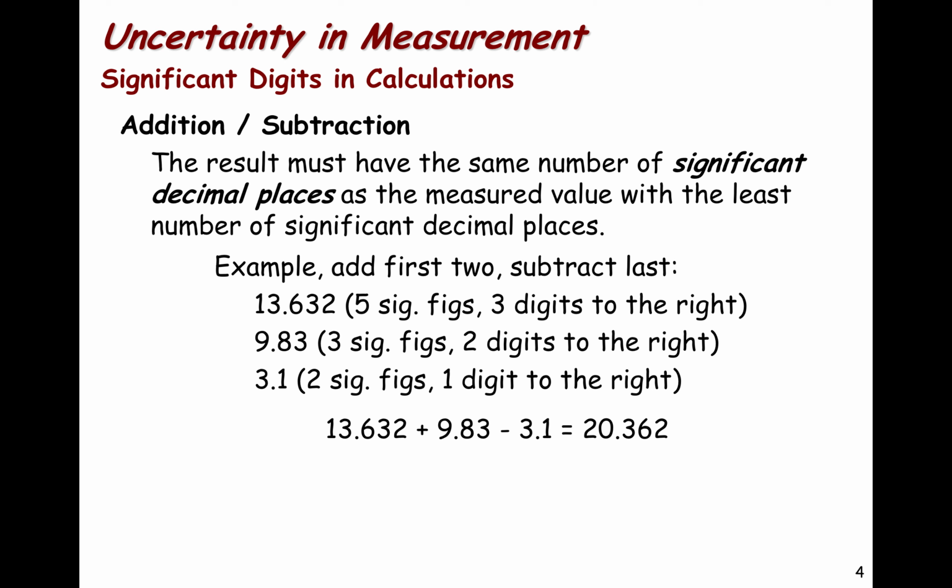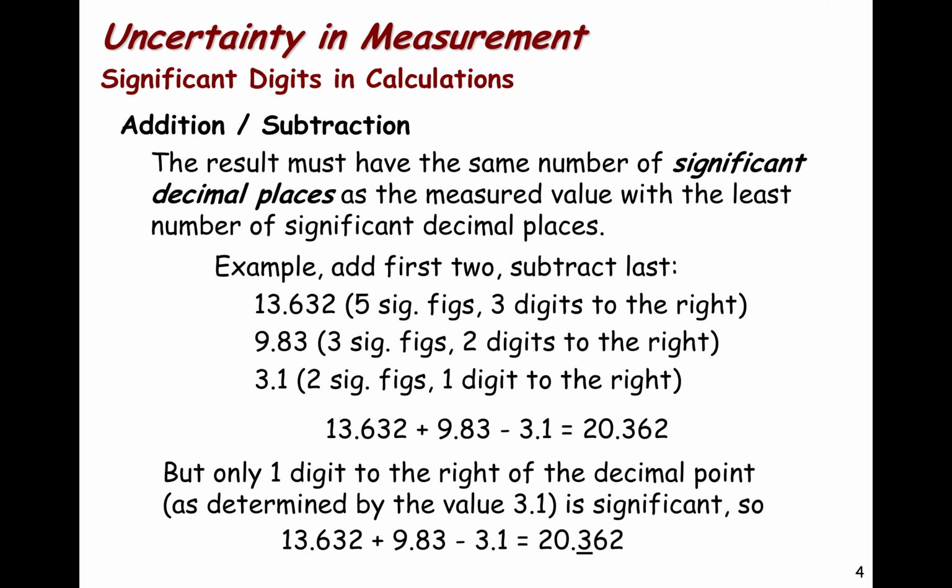So we take out our handy dandy calculator, we do the calculation carrying along all of the digits, but recognize that the tenths place in our answer is the estimated value, and so we draw a line underneath that.